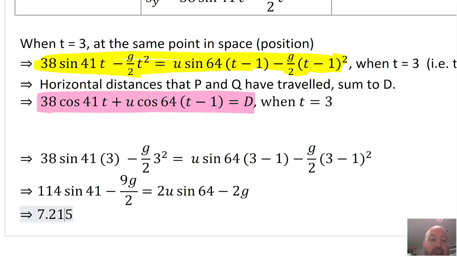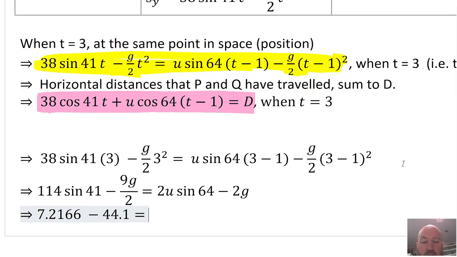is 7.2166. I have no idea how many decimal points we're going to need. I know it says to the nearest whole number, but if this thing gets multiplied by 10 or divided by something, it's going to change. So 4 is usually plenty. So 9 times 9.8 divided by 2 is 44.1.